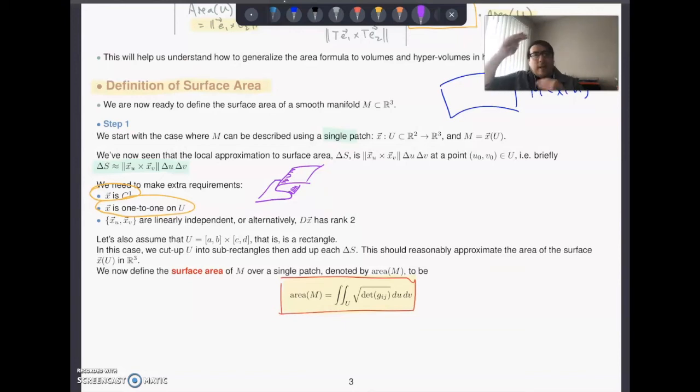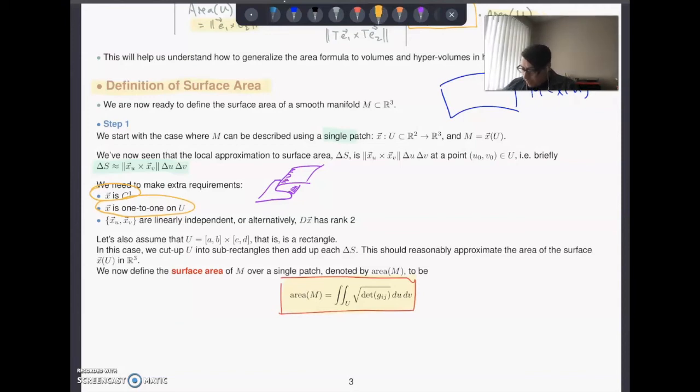It's still maybe a line segment if you look at the image, but a parametrized curve will tell you, well, first you're moving forward, then you're coming backwards. So you want to avoid something like these folds, where it folds back on itself. And of course, if you pull the sheet, then it would have bigger area than maybe what you intend. So one-to-one basically eliminates that.